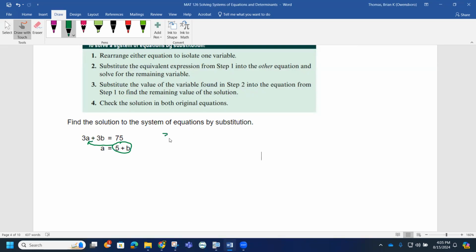So this turns into 3 times (5 plus B) plus 3B equals 75.